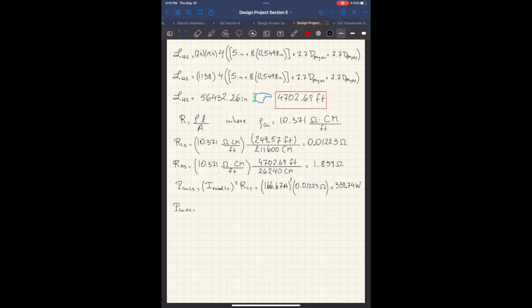Do the same thing for the high side. These are the numbers.